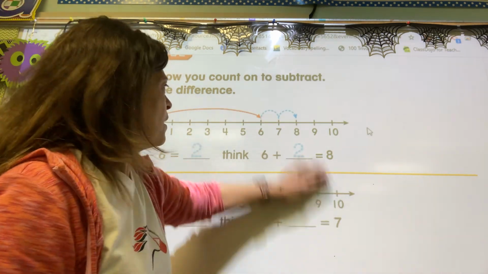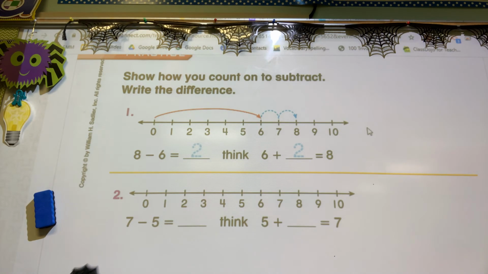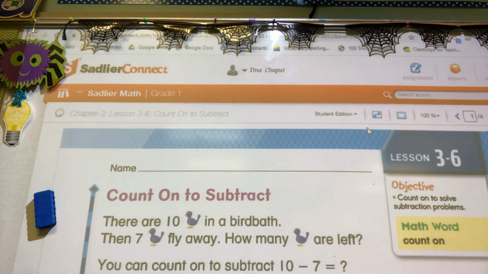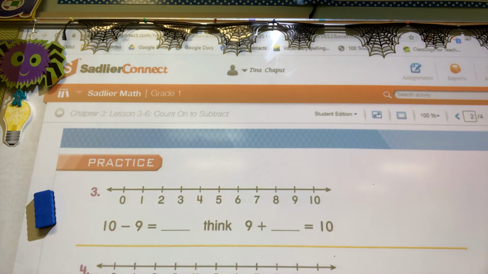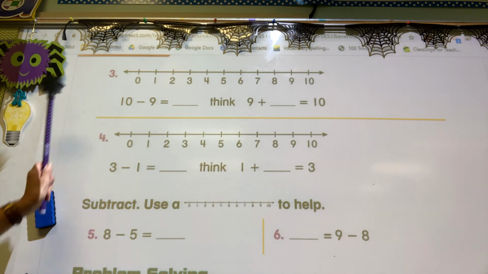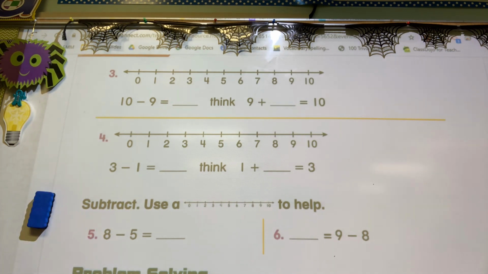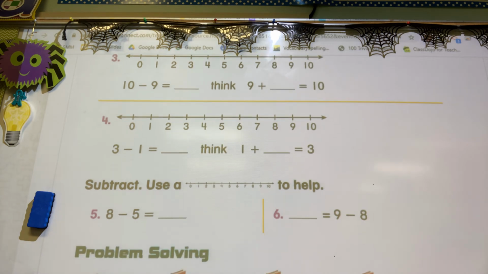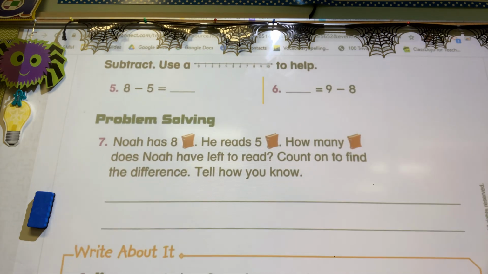So today I want you to complete number 2. And then on the next page, page 104, here's another practice. I want you to complete number 3 and 4, 5. And then you have 2 problems.